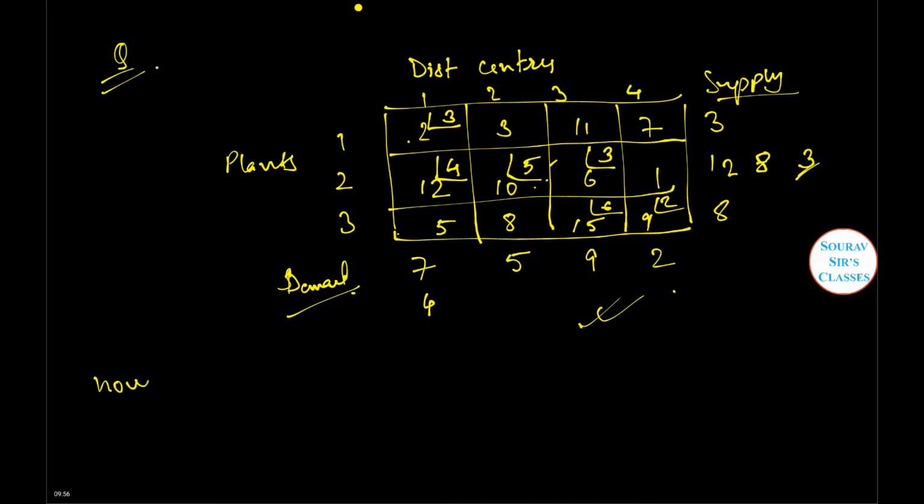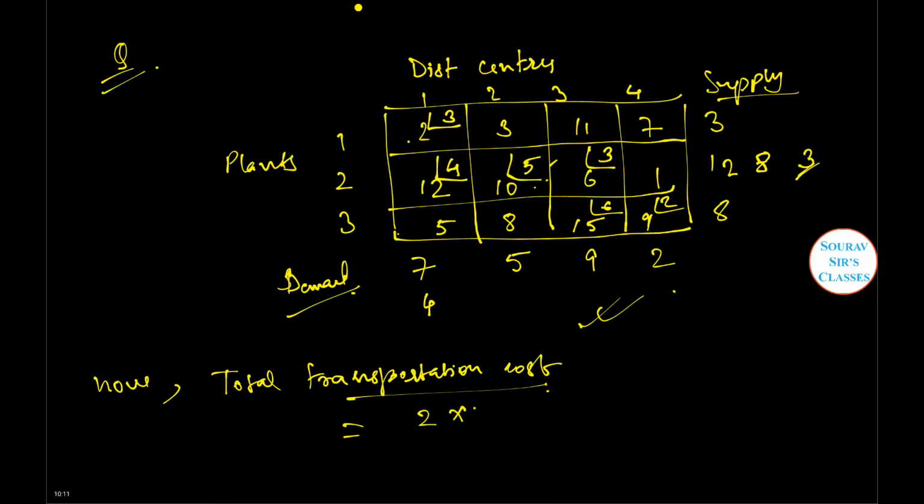Now we find the total transportation cost. This is equal to 2 into 3, that is the cost and the allocated number, plus cost into the allocated number, that is 12 into 4, plus cost into allocated number 10 into 5.